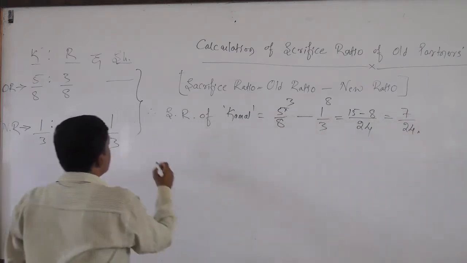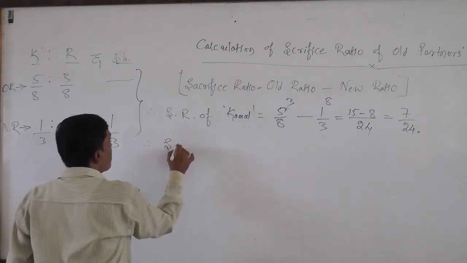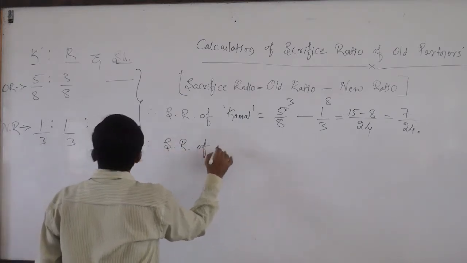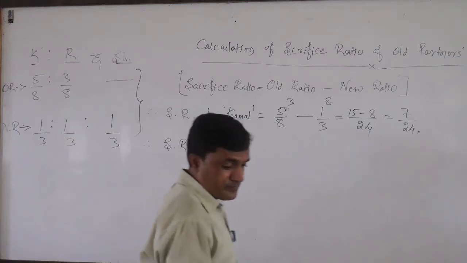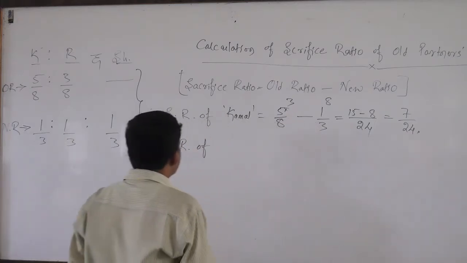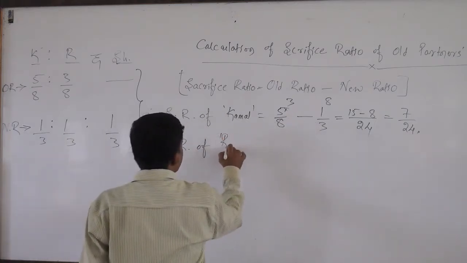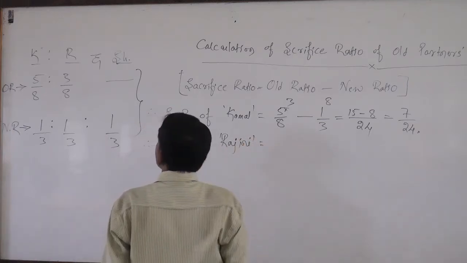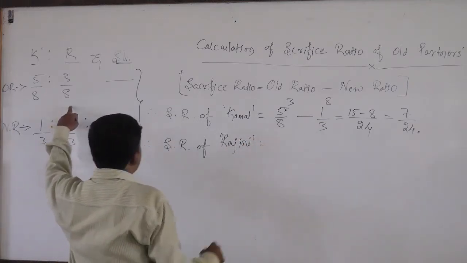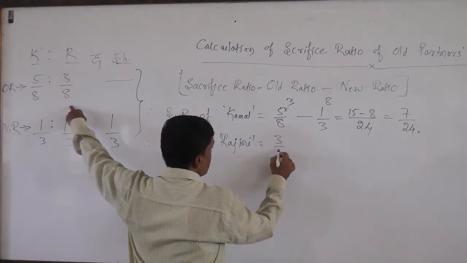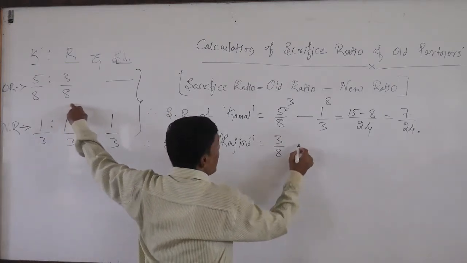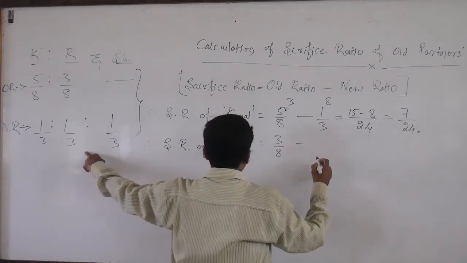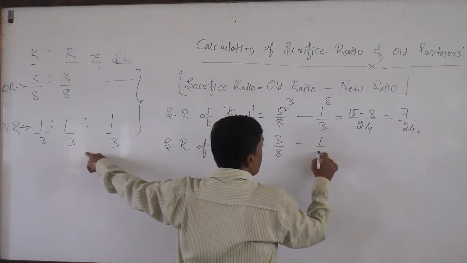Now the sacrifice ratio of the second partner, whose name is Rajni, whose older ratio is 3 by 8, that you can see here, minus his new ratio 1 by 3.